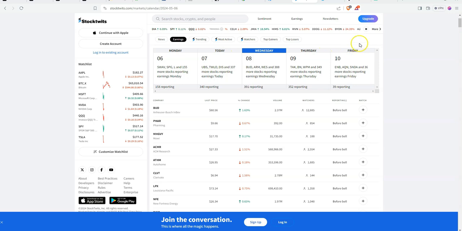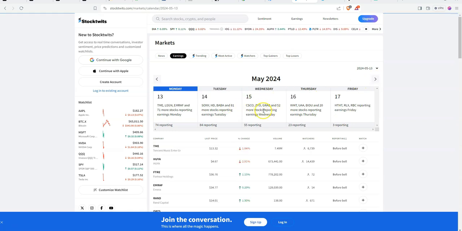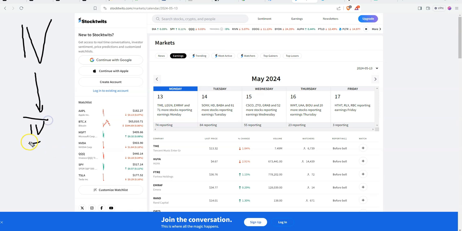I would also say to everyone, just be very mindful about IV crush. Everyone that trades options, I imagine, is aware of it, but you should be very careful with IV crush. Implied volatility during earnings is way higher, and as soon as earnings comes out, it just completely dissolves.